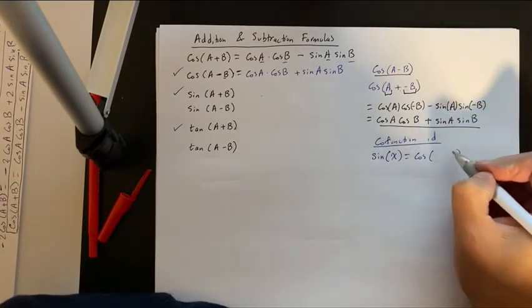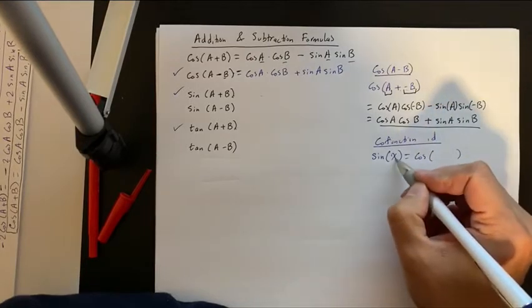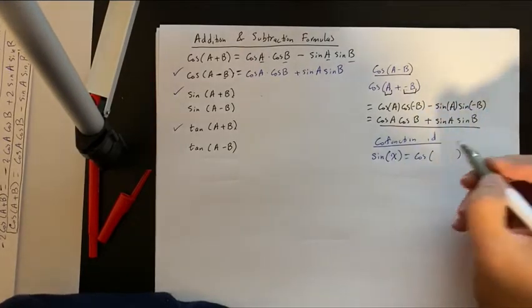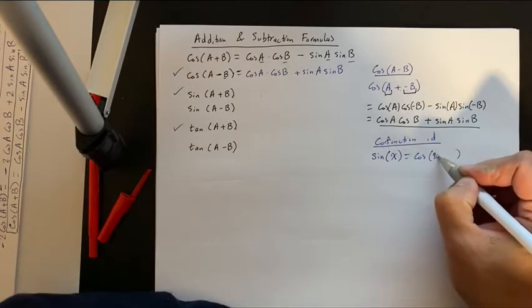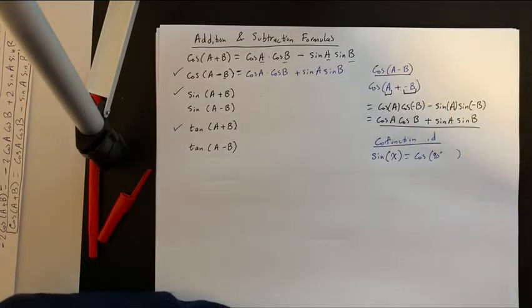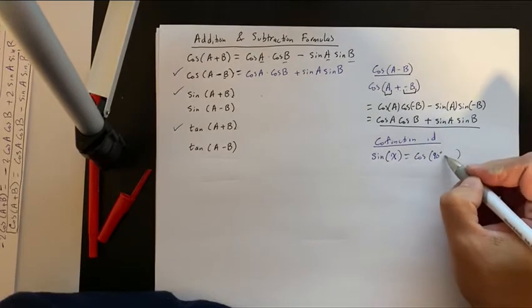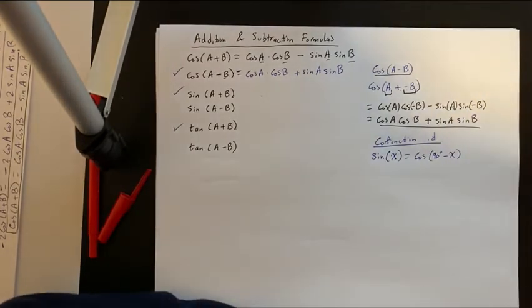It doesn't really matter. X can either be degree or radian, so use whichever one you feel the most comfortable with. So maybe it's the degree. So sine of x is the same thing as cosine of 90 degrees minus x.